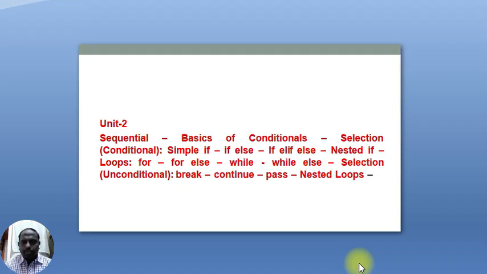The conditional statements are simple if, if else, and nested if. The loop statements are for else, while else, break, continue, pass, and nested loop statements. These are the statements we are going to discuss in this video.